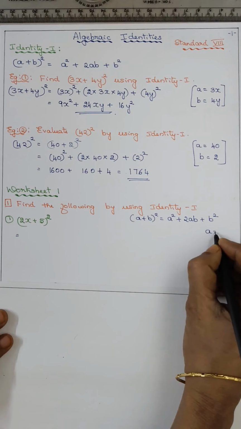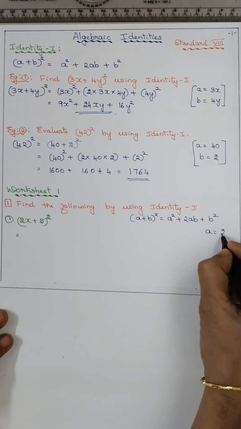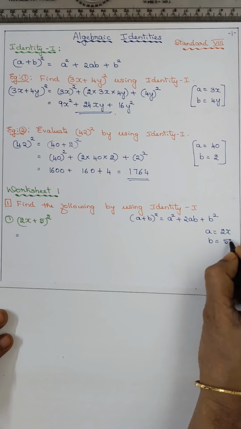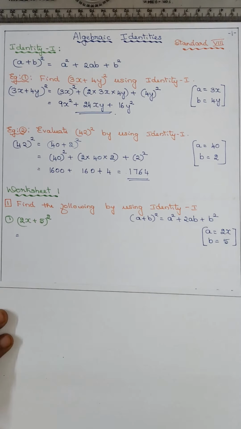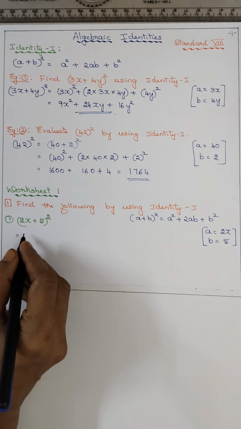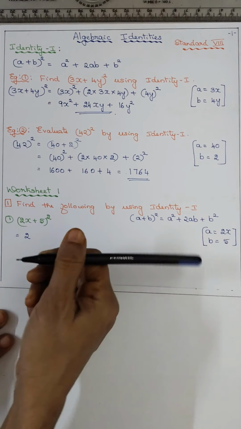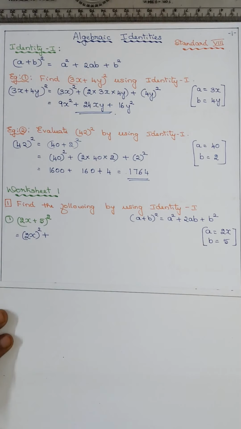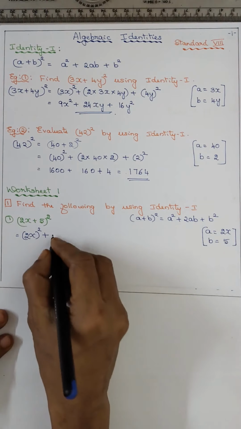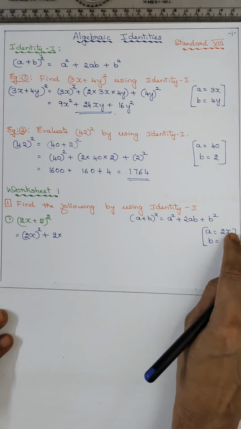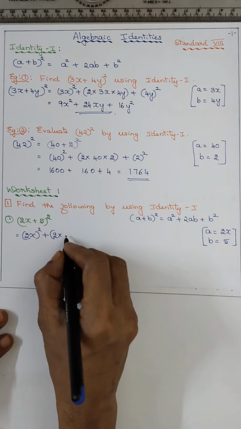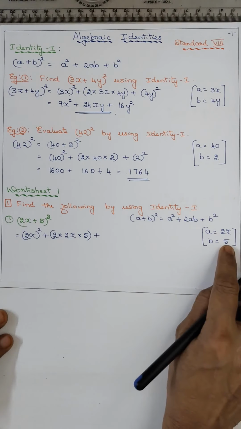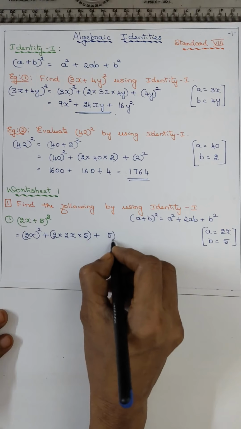Now a is equal to how much? First term, that is 2x. b is the second term, that is 5. Put it within the bracket. Now a square, that is (2x) the whole square, plus 2ab, 2 into a, within the bracket, a is 2x, b is 5, plus b square, 5 square.